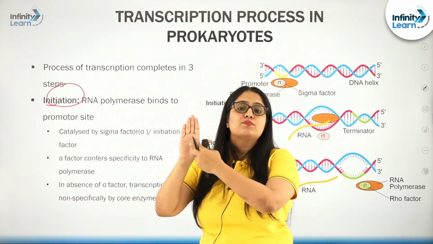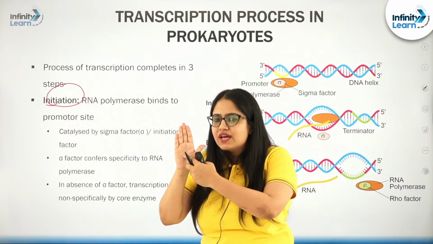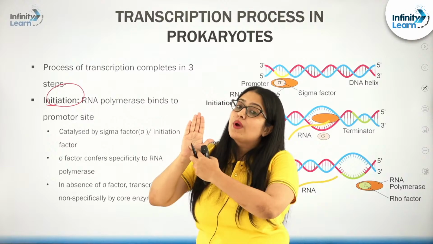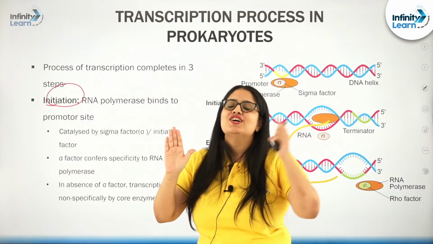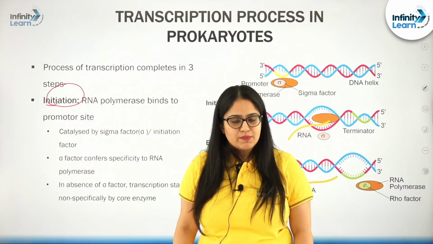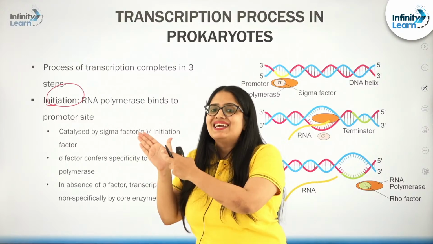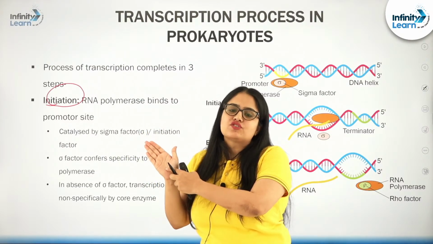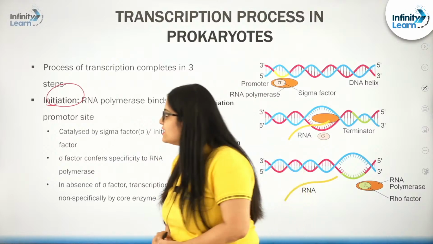The promoter possesses binding sites, such sequences of nucleotides, where RNA polymerase can come and bind and initiate the transcription process. So for initiation of transcription to take place, RNA polymerase will search for its specific binding sites on the promoter and will bind there. And this is how initiation will take place.